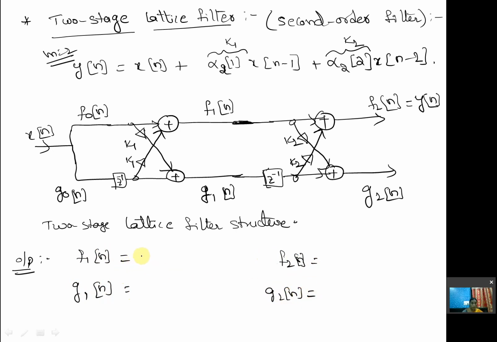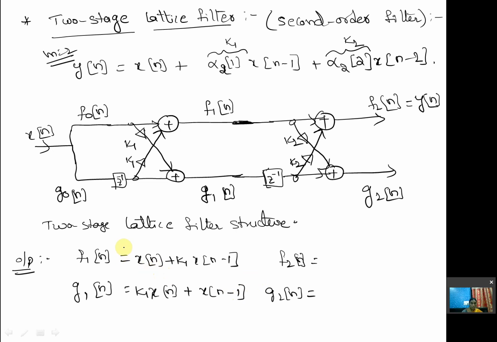Here, tell me. x of n plus k1 x of n minus 1. What is g1 of n? k1 x of n plus x of n minus 1. Am I correct?